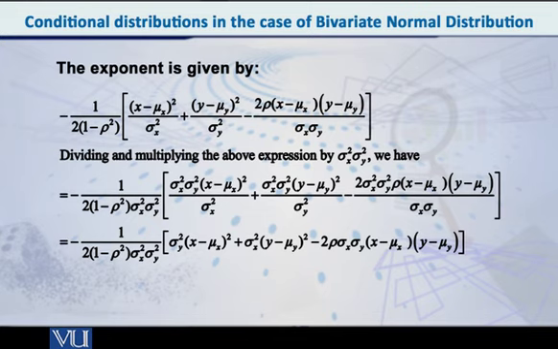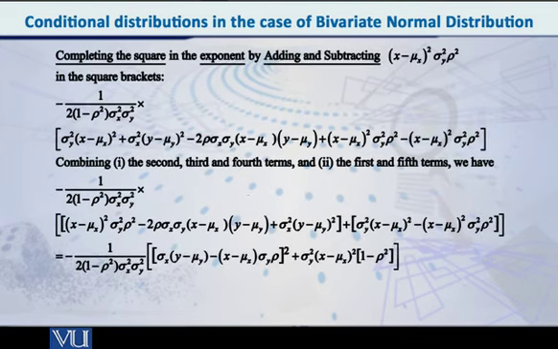We get minus 1 over 2 into 1 minus rho square into sigma square x into sigma square y, and this entity multiplied by a lengthy expression in the square bracket, and the expression is sigma square y into (x minus mu x) whole square plus sigma square x into (y minus mu y) whole square minus 2 rho sigma x sigma y (x minus mu x) into (y minus mu y).